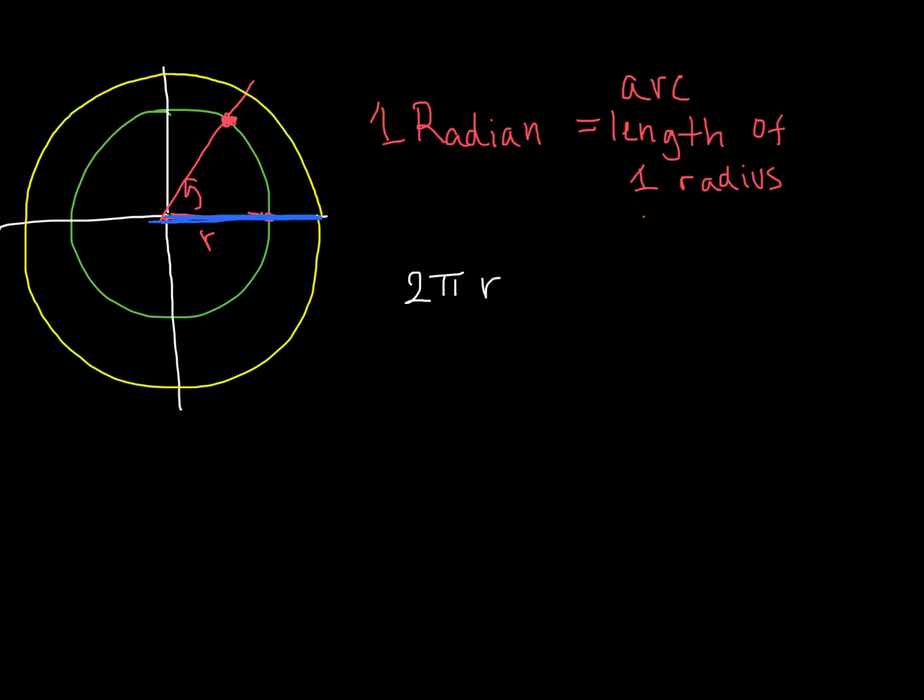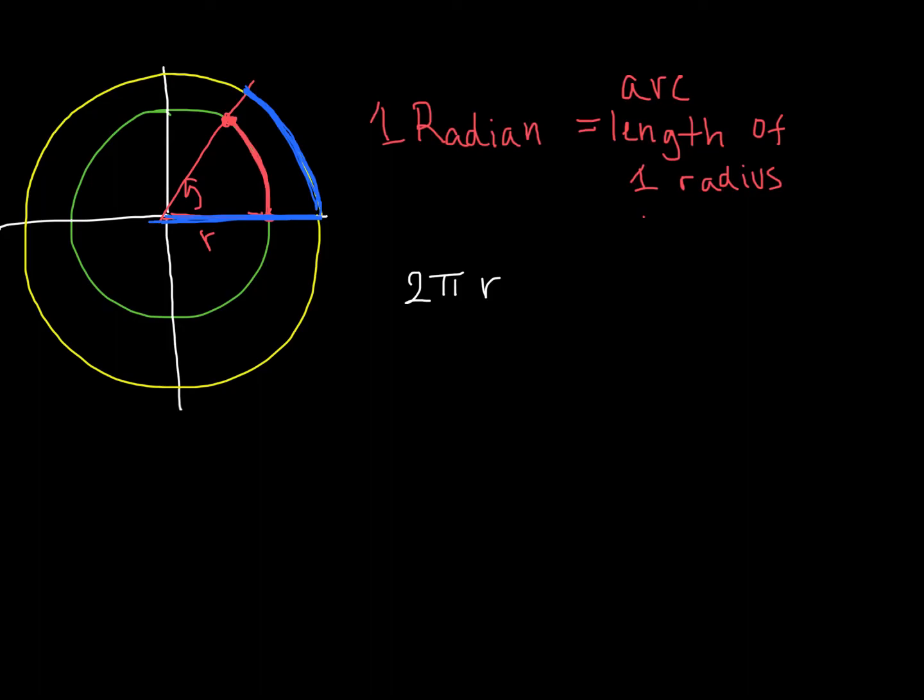Well, notice that it will be the same amount around the circle to go 1 radius length as it was to go around 1 radius length on the smaller circle. And this should make sense. Why? Because as my circles get bigger, the radius length gets bigger.